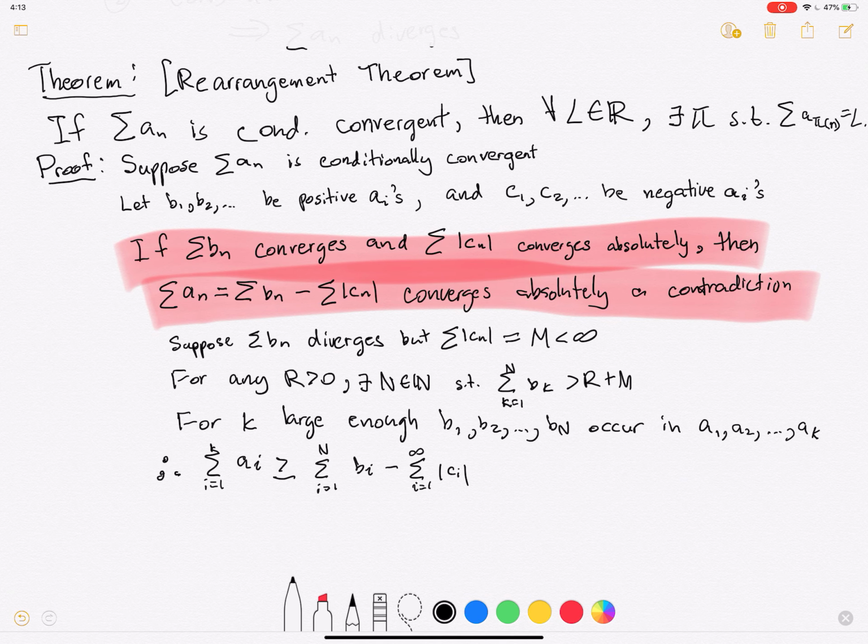It's greater than or equal to that. And from the previous inequalities, we get that that is greater than or equal to r plus M minus M, which equals r.